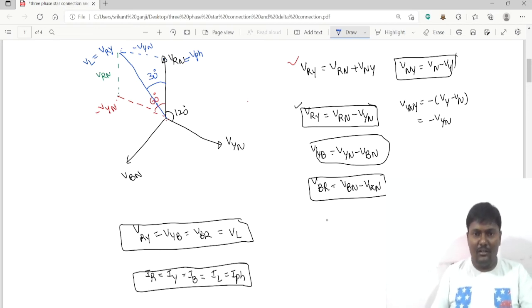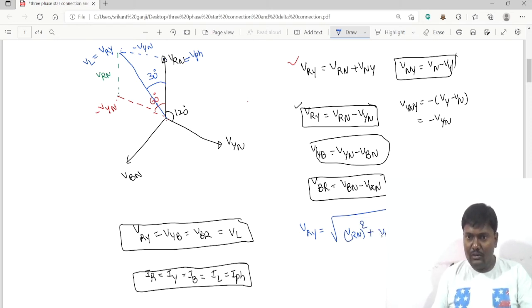By using the parallelogram concept, VRY is equal to the square root of VRN squared plus VYN squared, taking only magnitudes, plus 2 times VRN times VYN times cos of the angle between VRN and minus VYN.